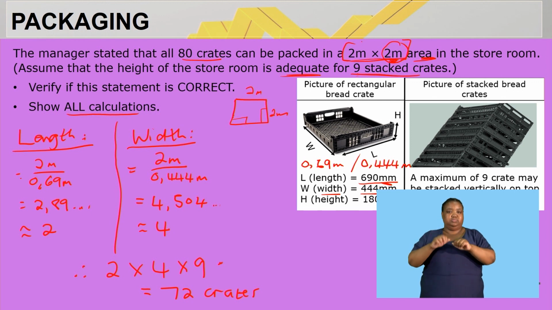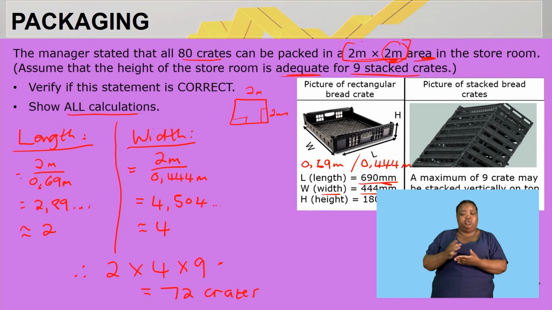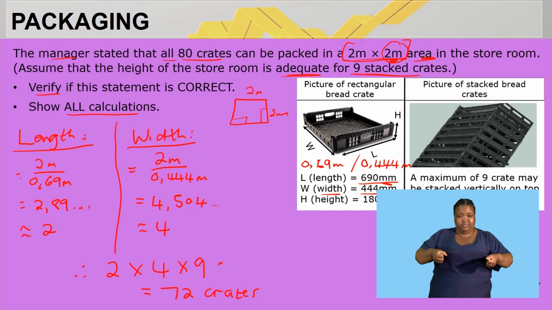Guys, are we clear? All right, I'll run through this one more time. Remember, a statement was made. Before I quickly recap, we have to verify if the statement is correct. What is the statement made by the manager? The manager stated that all 80 crates can be packed in the storeroom.